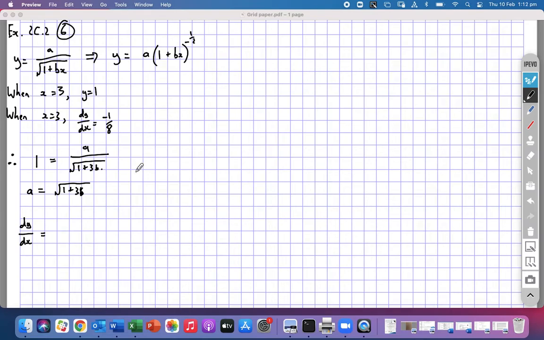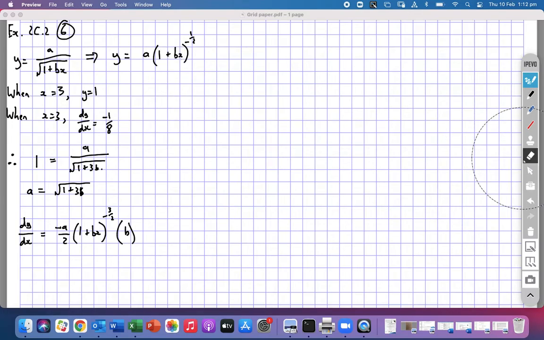This power comes out the front here. We could write minus a on 2. So that's minus a half times a. And then we would need to subtract 1 away from that power. The inside, you leave it alone. So minus a half minus another 1 would be minus 3 halves. Minus 3 on 2. And now we find the derivative of the inside, which is just b. Because derivative of 1 is 0, derivative of bx is b.